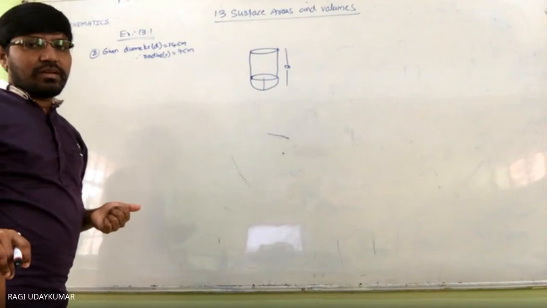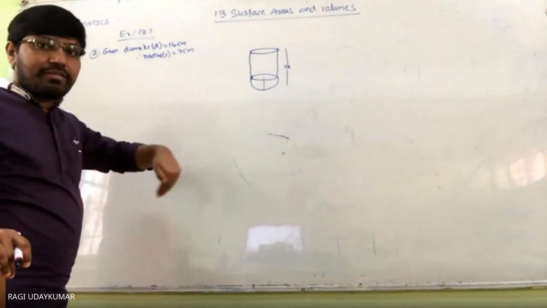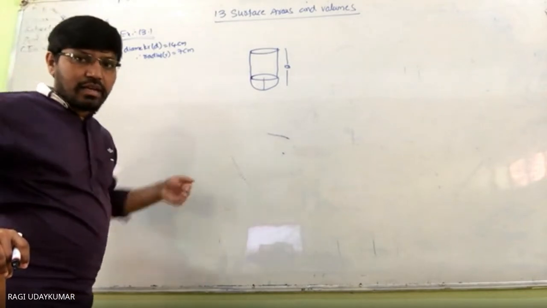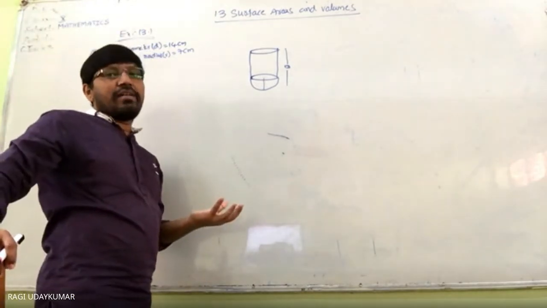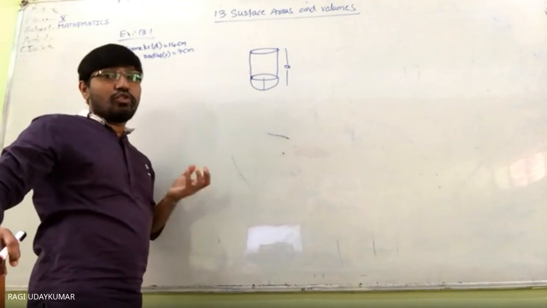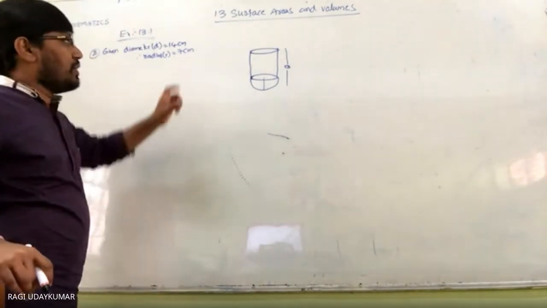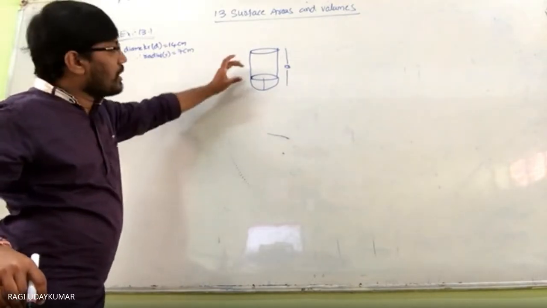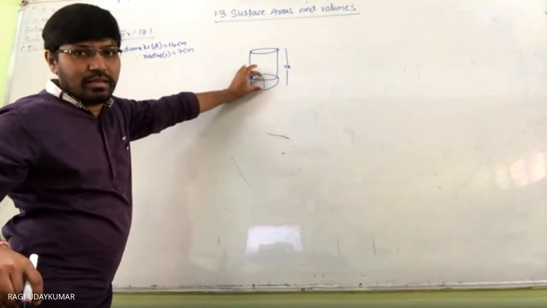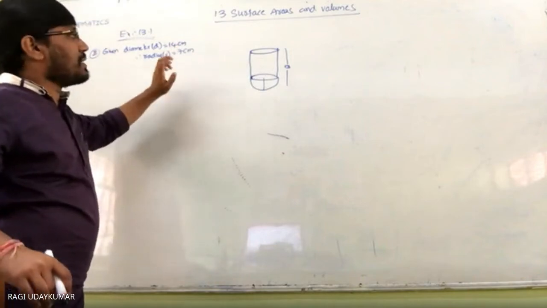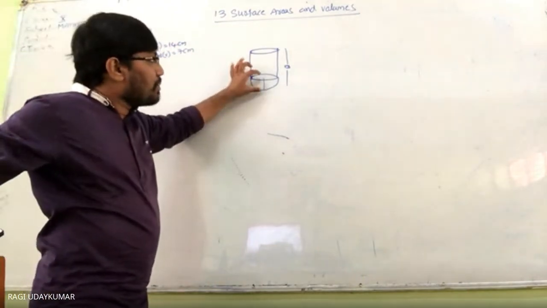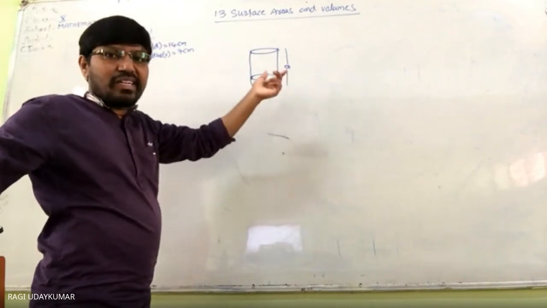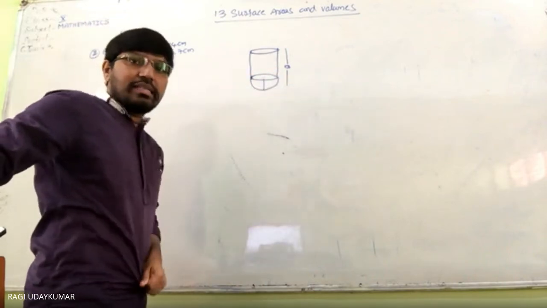So you need to find the curved surface area of the cylinder and the surface area of the hemisphere, and add both. Before that, you need to find the height. Your complete height is given to you, 13. So this is the radius. Radius of the hemispherical shape is the same as the radius of the base of the cylinder, both have the same radius.